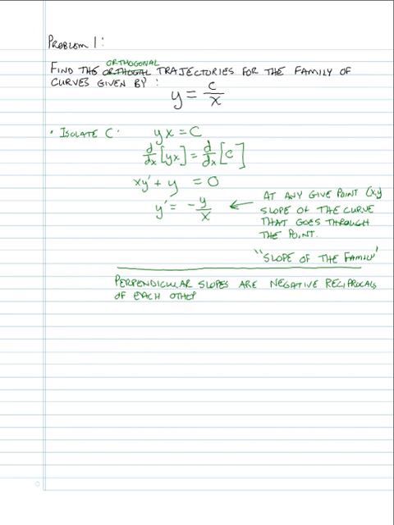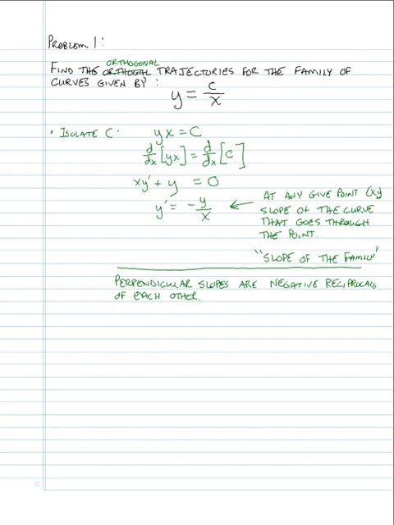In other words, if you have a line that has a slope of 1/2, to have a line that is perpendicular to it, it must have a slope that is the negative of the reciprocal of 1/2. Well, of course, the reciprocal of 1/2 is 2, and so we would have to have a line with a slope of -2 to be able to have a perpendicular line.